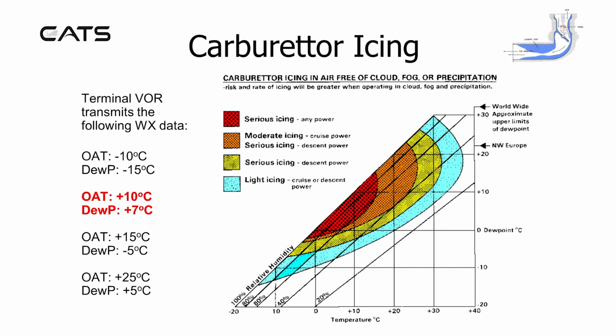If we look at some data for terminal VOR for outside air temperature and dew point, we can see the greatest risk of carburetor icing from those shown are those temperatures which are above zero, between plus 7 and plus 10 degrees for dew point and outside air temperature, respectively.